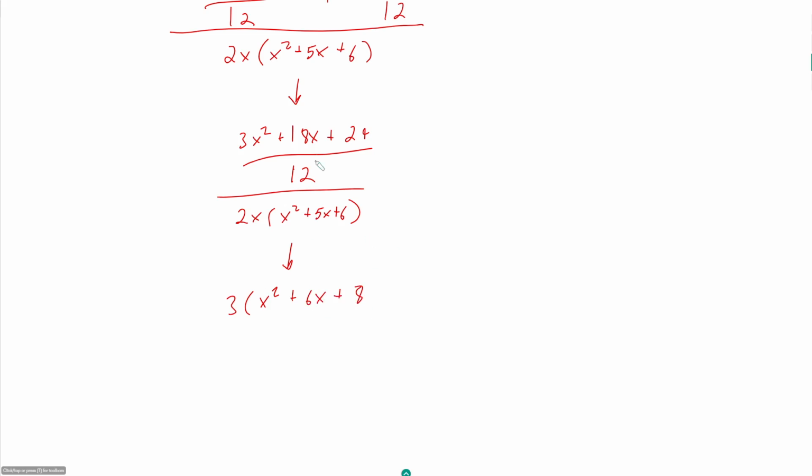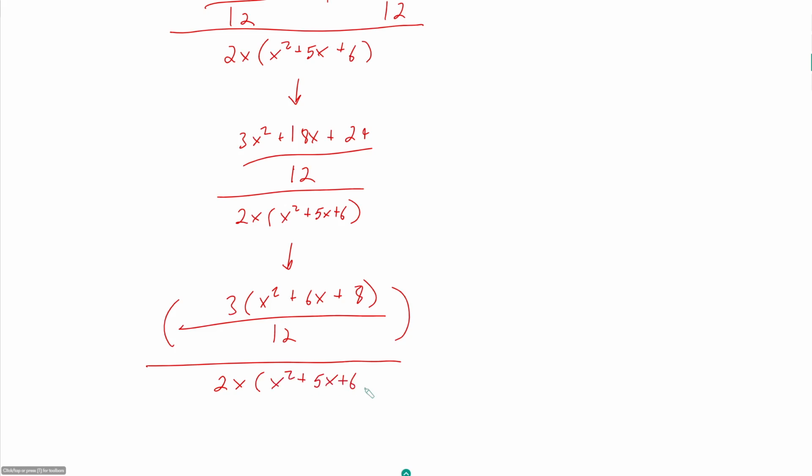Now I'm happy, because before I didn't, but now I have a quadratic here and I have a quadratic here. Hopefully I will be able to factor those, and that will allow me to cancel out even more stuff. So this is all over 12, and all of this is still over 2x times (x squared plus 5x plus 6).